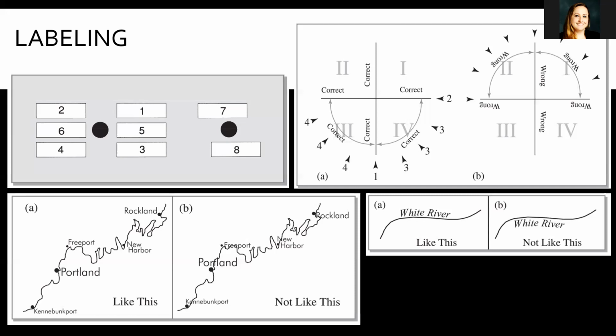And then on the bottom right, like I said before, in the US and Western culture, we prefer things from the top to the bottom. So you're going to want the label to be on top of the river rather than on the bottom of the river or the road or any line feature really. But also, when it comes to long line features, you can separate out the words.